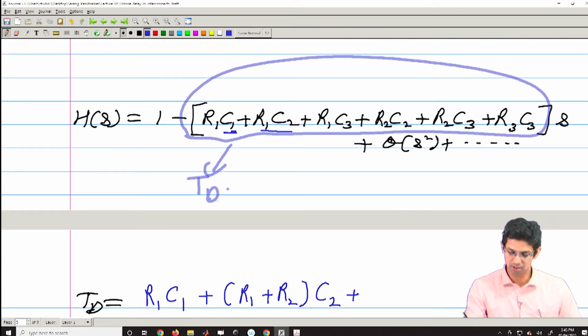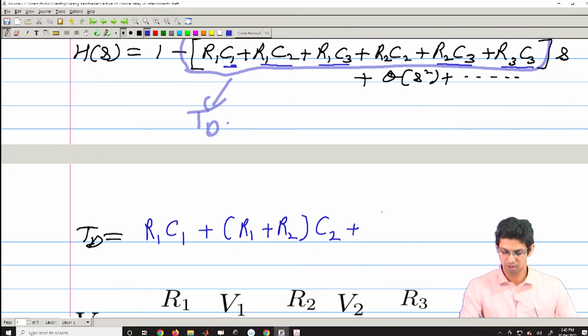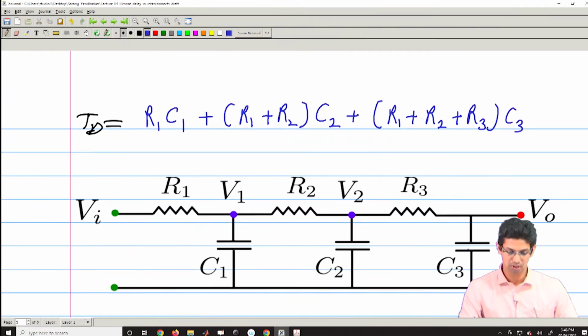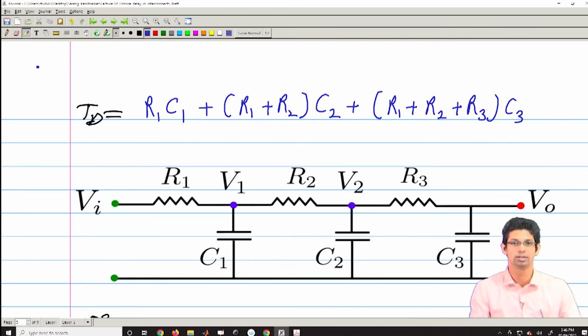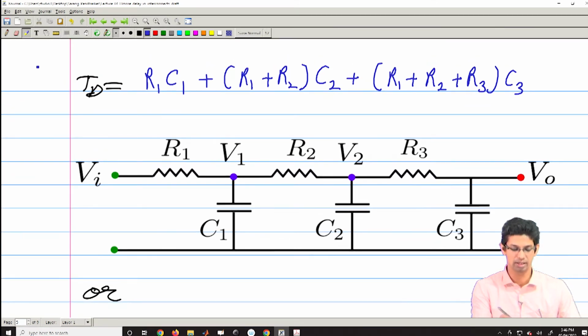Then, if I look at the third term with capacitance C3, there is R1 C3, R2 C3 and also R3 C3. So, now I have R1 plus R2 plus R3 into C3.